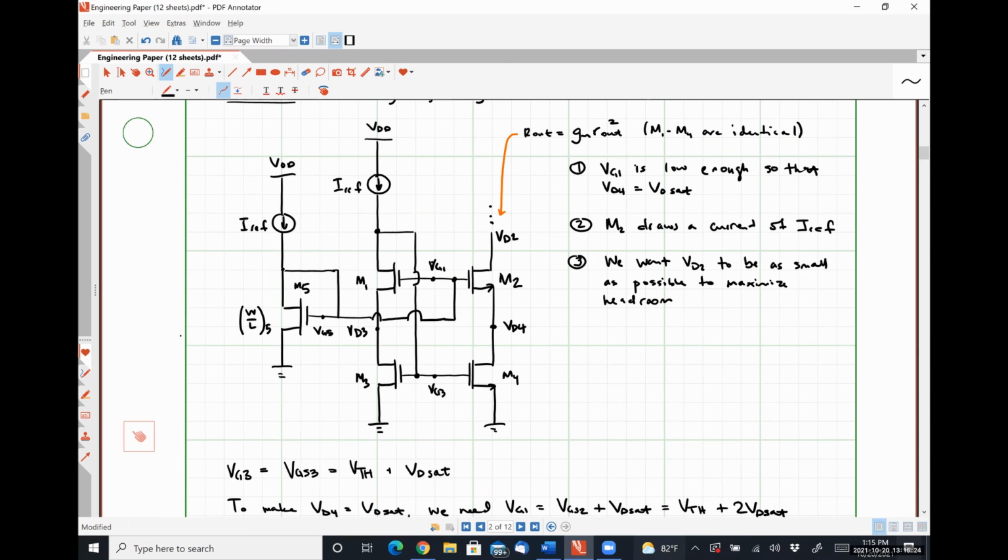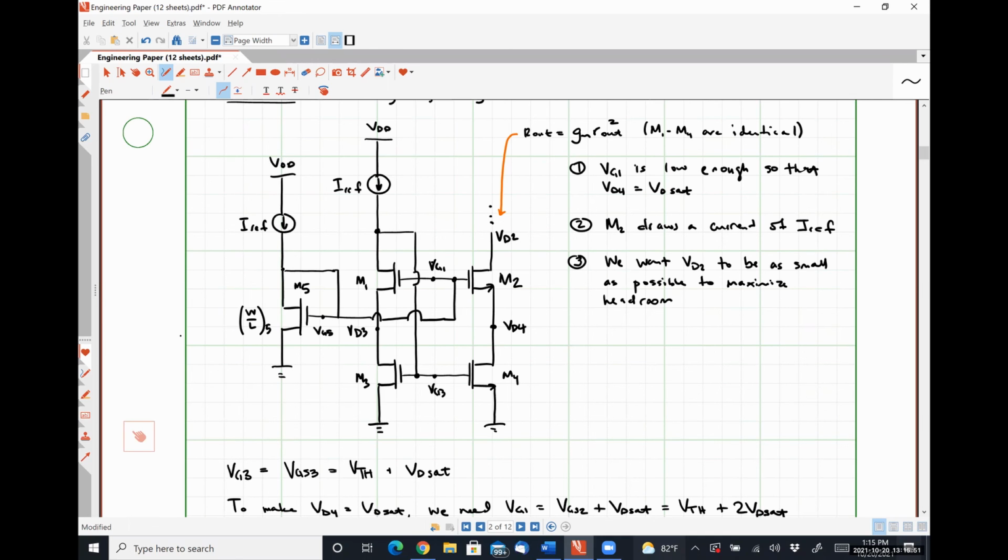You might see it in some other textbooks with a little bit different derivation where they're effectively saying M1 and M2 might have a different size than M3 and M4, which then implies that M5 would also have a different size. I don't want to go through that nightmare. Okay, so let's just leave transistors 1 through 4 the same size and make the math much easier than it would get if we started messing around with the sizes too much.